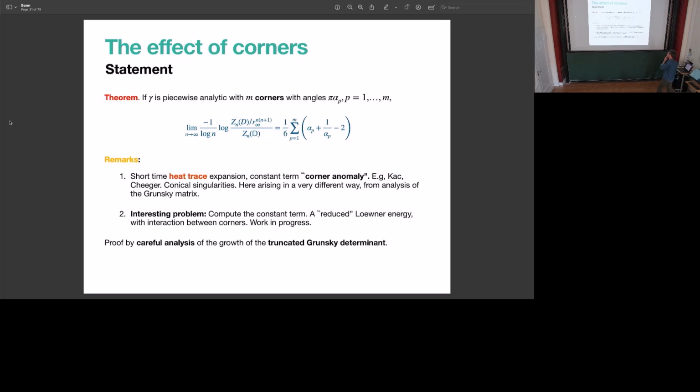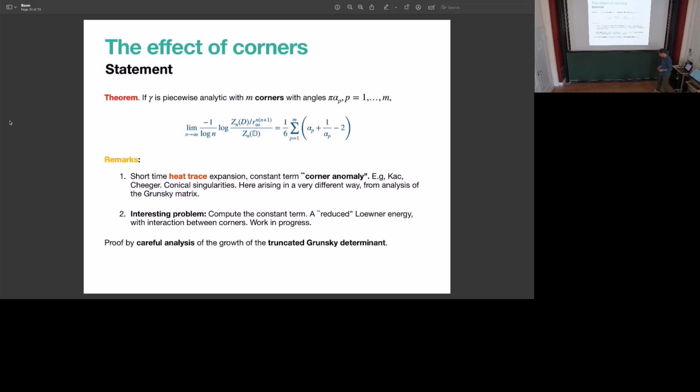So the proof, I won't really go into it, but it's really based on this identity involving the Grunsky determinant. And then it's a very careful analysis of essentially the Grunsky coefficients, or this Grunsky operator.